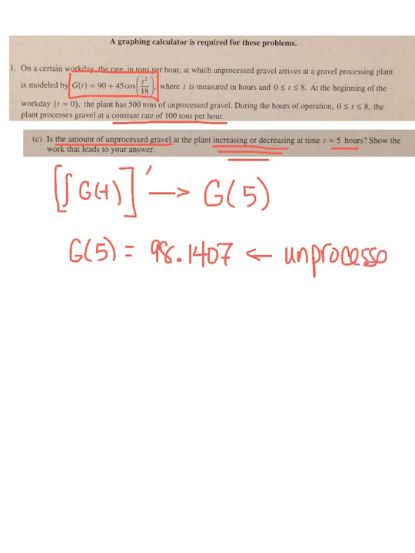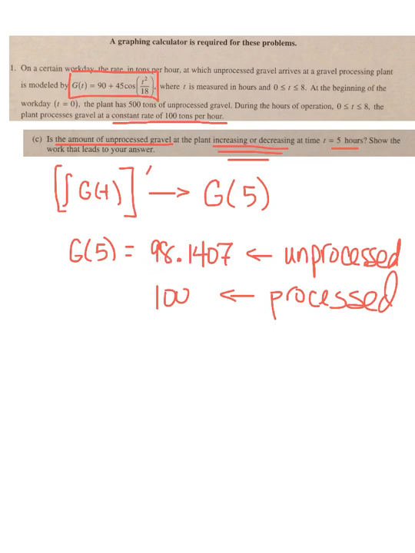Okay, so it's a rate coming in, and this is representing processed. Let me try this again. This is the rate of processed in an hour, right? We are processing gravel at a rate of 100 tons per hour.